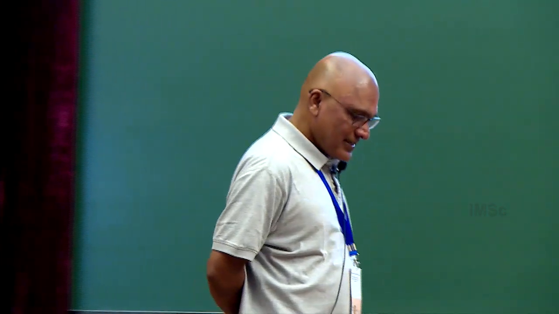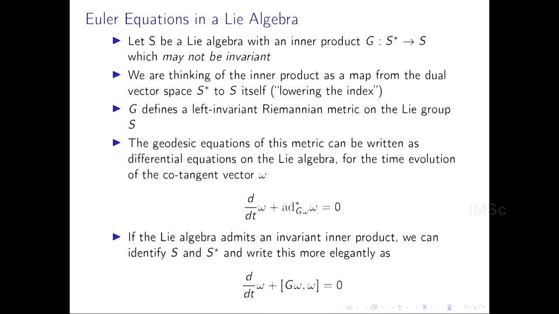The differential equations for the geodesic on the manifold of the Lie group can be translated to algebraic equations for the tangent vector, more precisely the cotangent vector. And they are these equations.